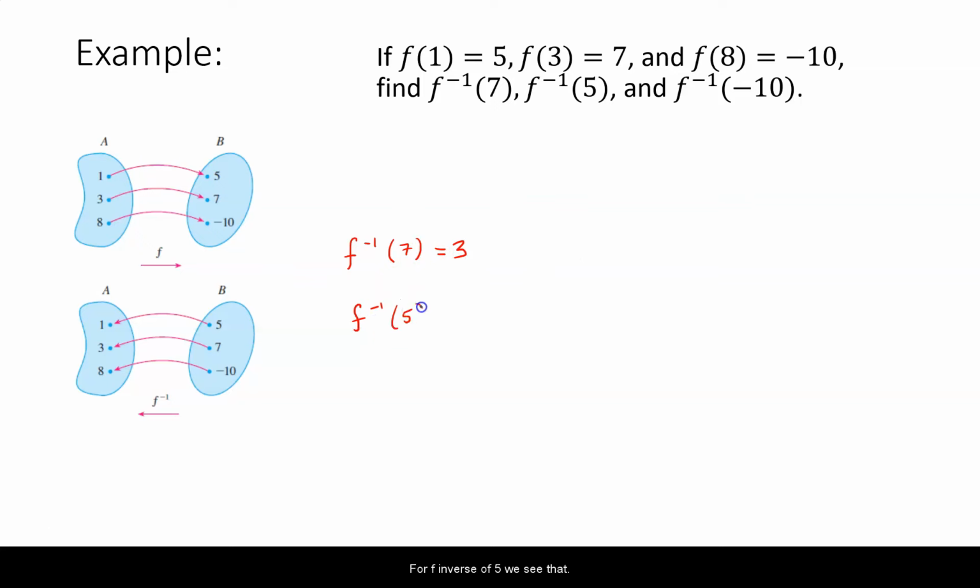For f inverse of 5, we see that under the original f, 1 gets sent to 5, so 5 gets sent back to 1 under the inverse function. And for f inverse of negative 10, we see 8 gets sent to negative 10 under the original function, so the inverse function will send negative 10 back to 8.